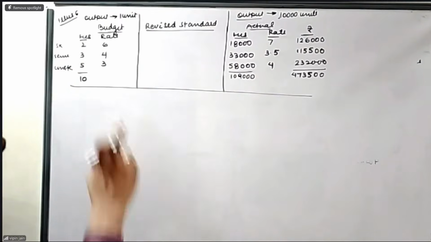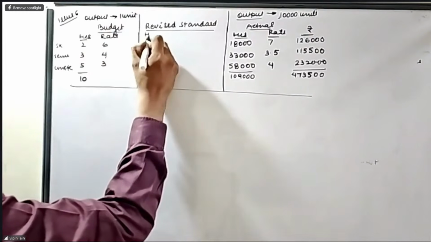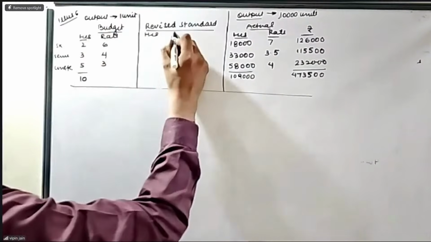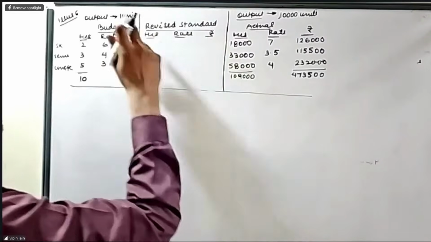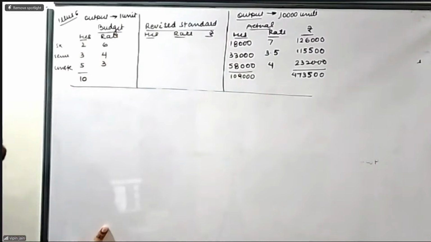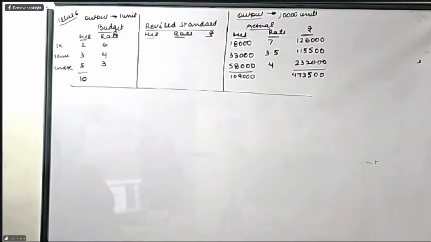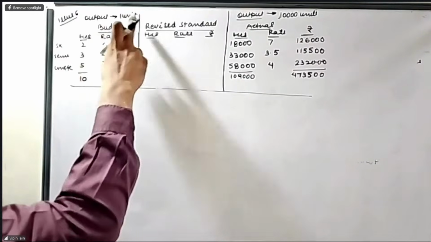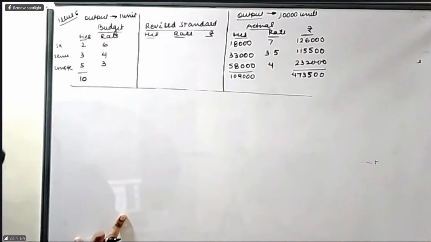Yes, sir. So for 1 unit, how many hours for skilled? 2 hours, sir. So for 10,000 units, how many hours are required? 1 unit, 2 hours, so 20,000 hours.